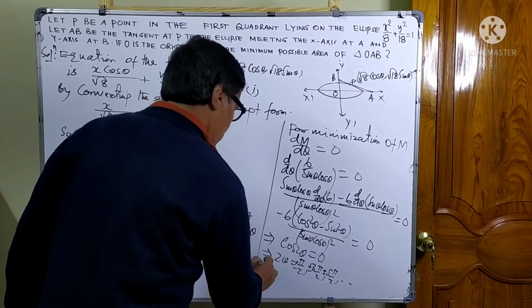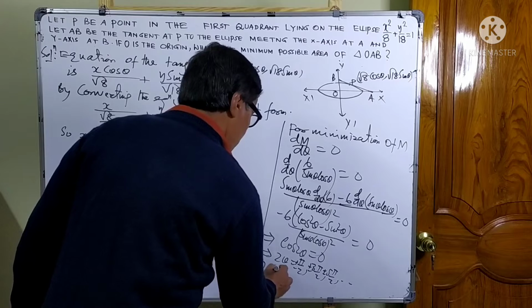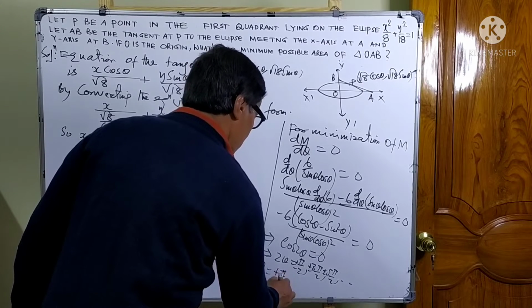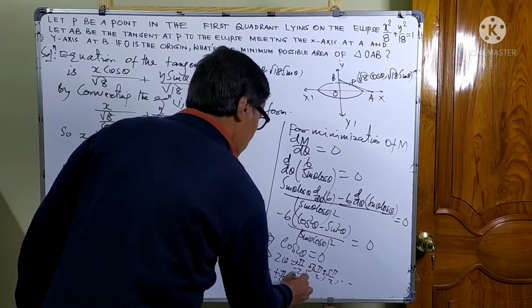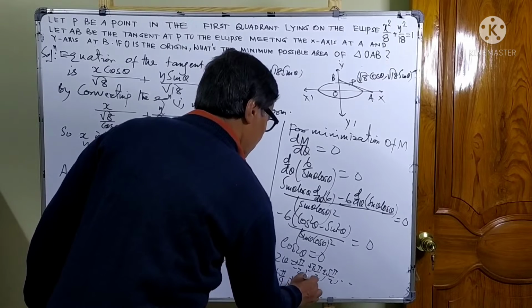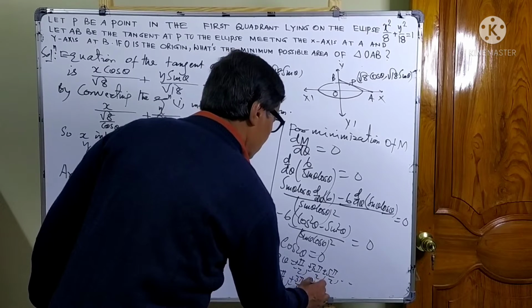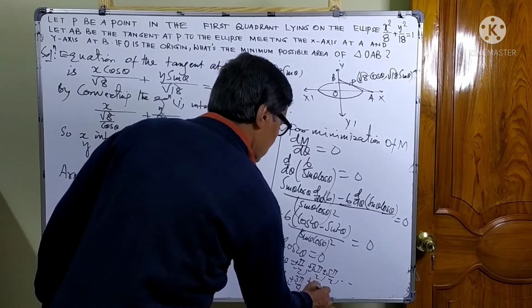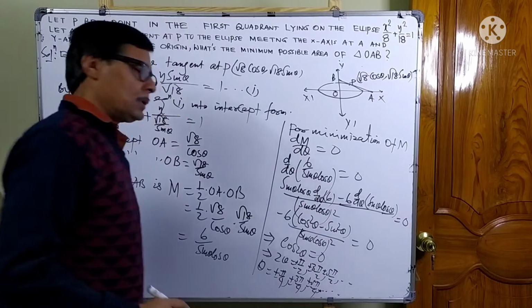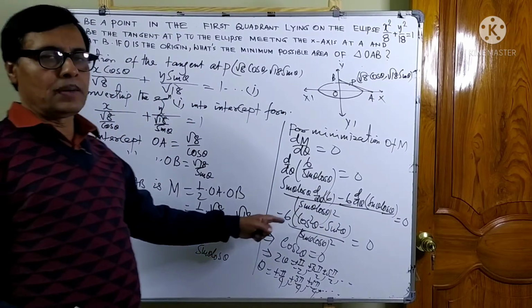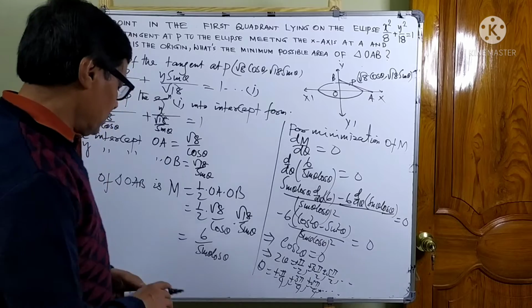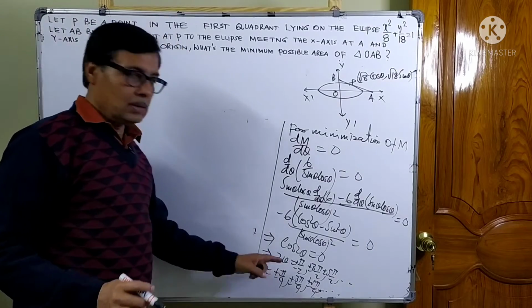So theta equal to plus minus pi over 4, plus minus 3 pi over 4, plus minus 5 pi over 4, etc. These are the solutions of theta.